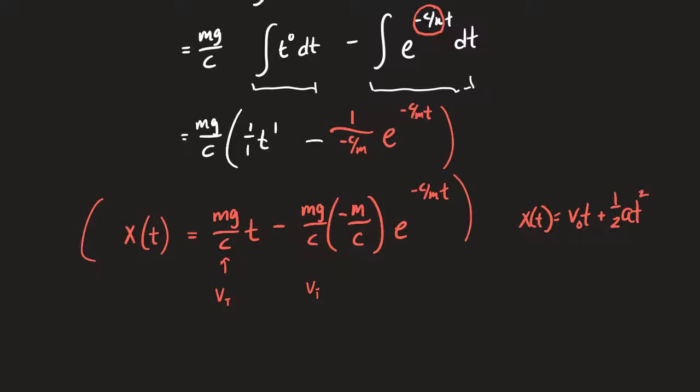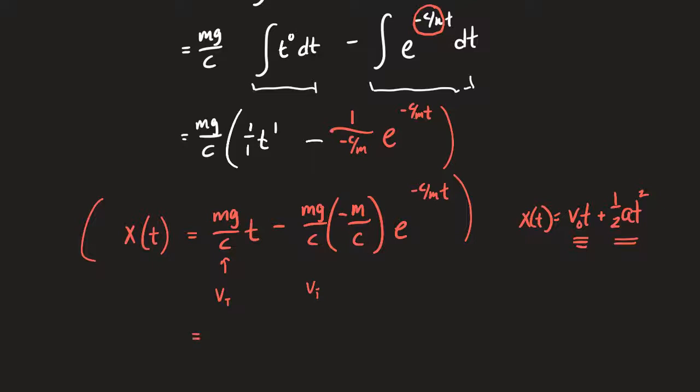Does that look familiar? I wrote it there because this part is what would happen if there was no acceleration. And this part is what gets added to it if there is an acceleration.